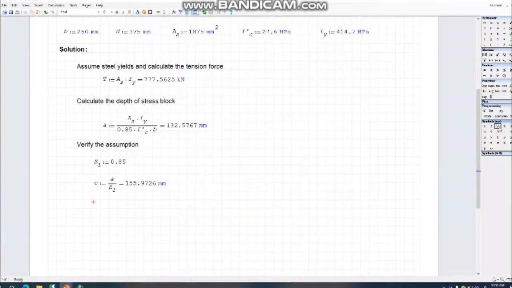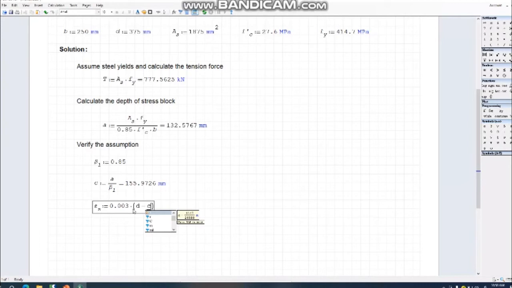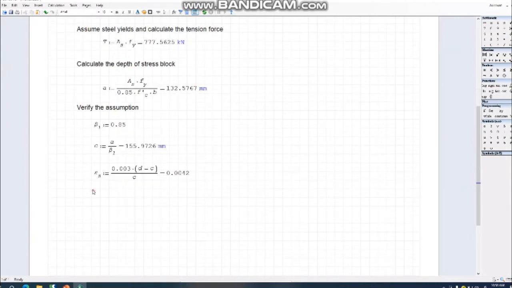Epsilon s is equal to 0.003 times (d minus c) all over c. Then finally, let's calculate our Fs.